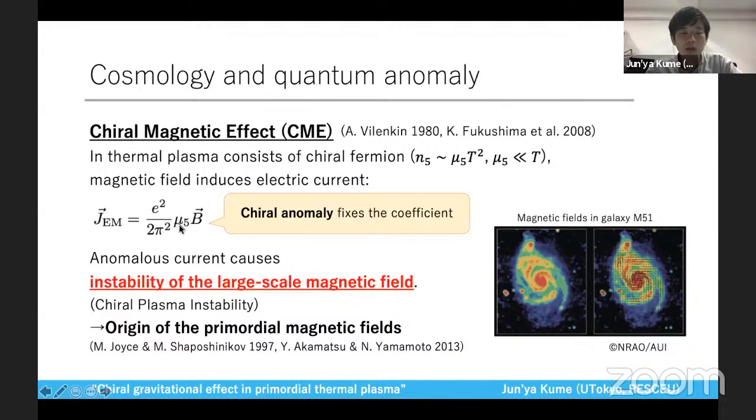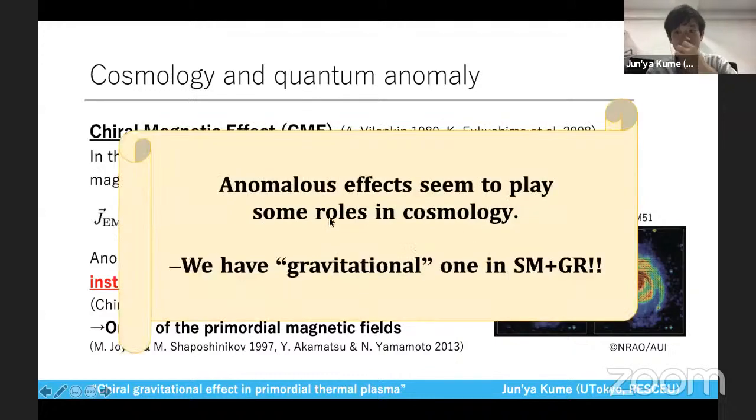This current causes an instability in large scale magnetic fields, so it can be described as the origin of the seed magnetic fields, which can explain the observed galaxy magnetic fields and the galaxy cluster magnetic fields. So including sphaleron, now you can see anomalies may play some role in our universe.